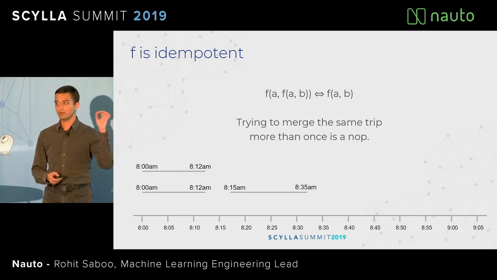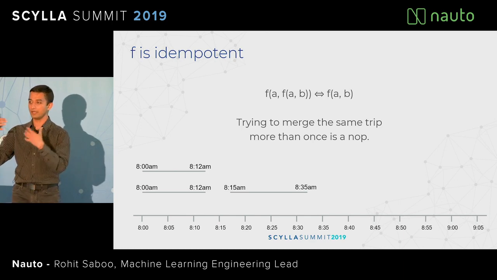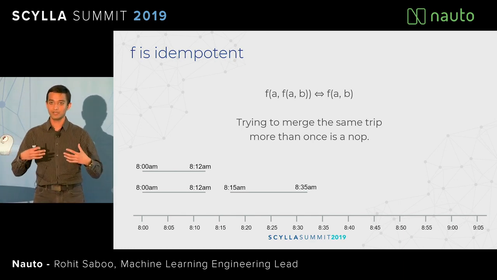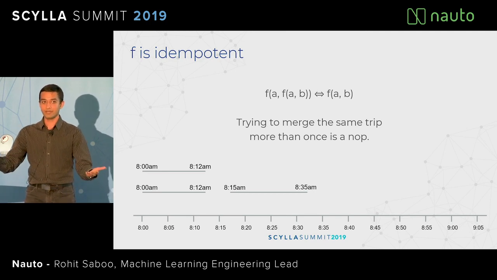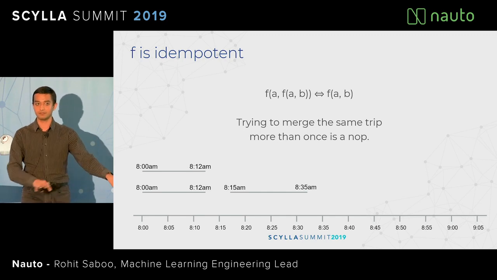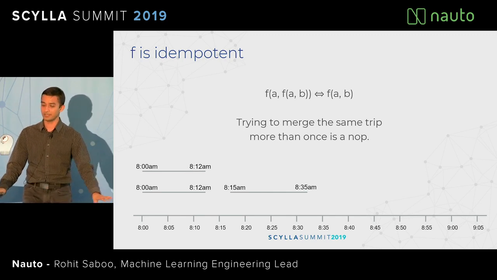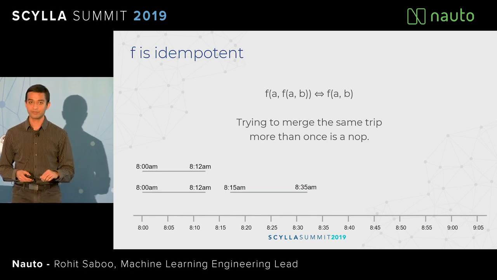Then the third one: let's say I have 8 a.m. and 8:15 a.m., and I am merging this trip. And then, for some reason, I got a duplicate again. Maybe I got extra messages. There were some data inconsistency issues in the underlying layer, whatever the reason. So I got the 8 a.m. trip a second time.